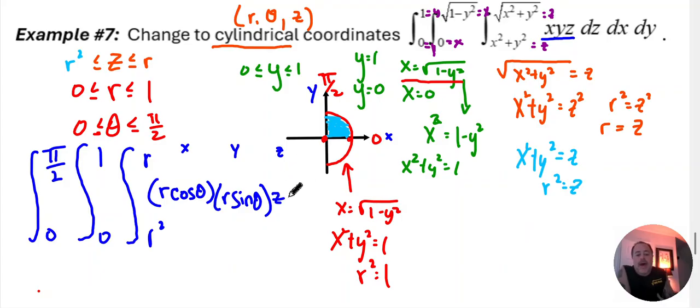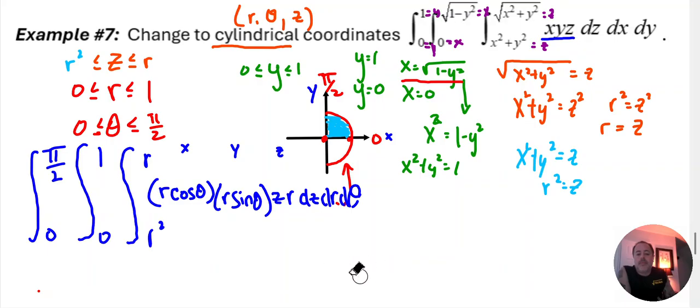And then we're going to add our special r, and then we're going to do dz, dr, d theta. Let me get rid of this little guy right here for a second. Okay, so this is the answer to our problem. You can simplify this down a little bit more if you want to, and pull the r cubed out with the z and then do sine theta, cosine theta, but right now I'm okay with leaving it right here.